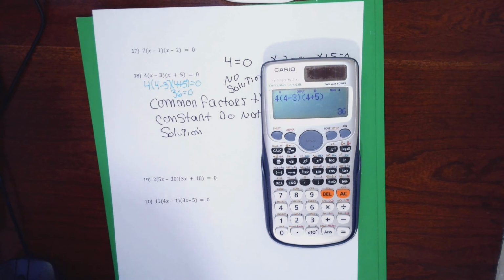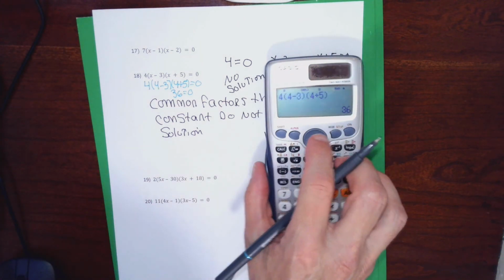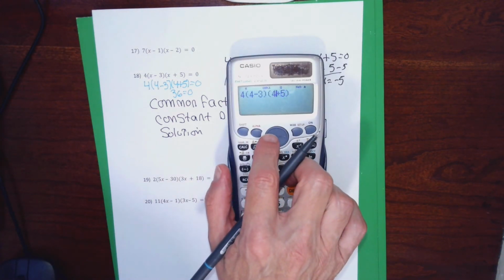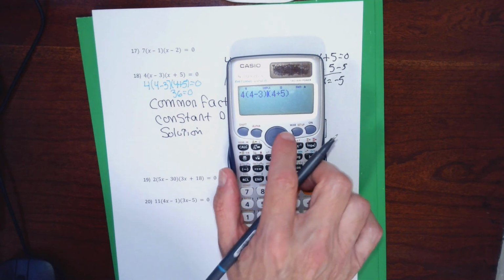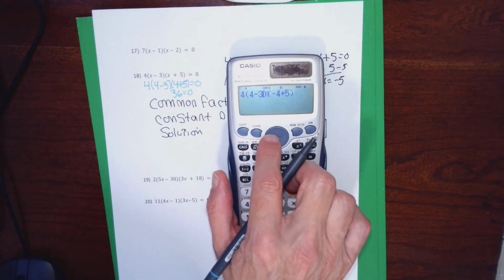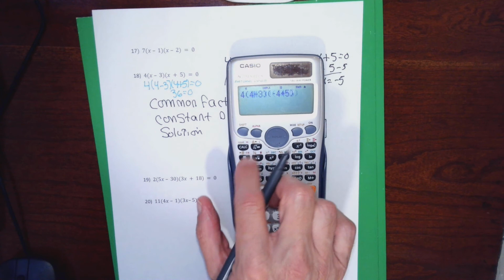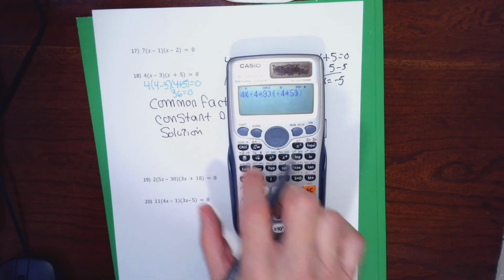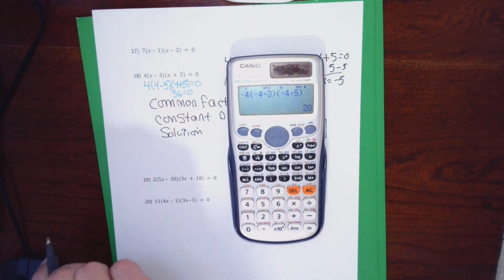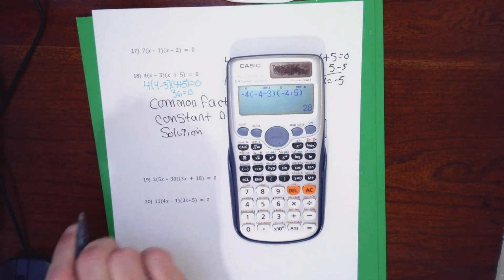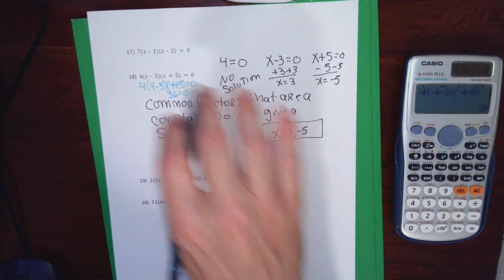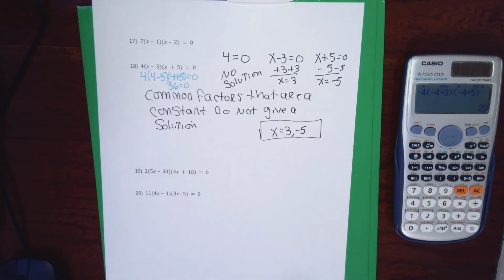That's not good. Even if you thought negative 4 was the solution, you thought you had to subtract 4 from both sides, if I change the 4's to negative 4's, I'd still get garbage. This time I get 28 equal to 0. The important thing here is common factors without an x, you can just ignore. They don't give a solution.